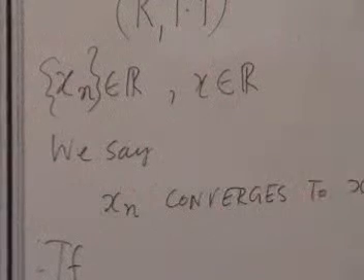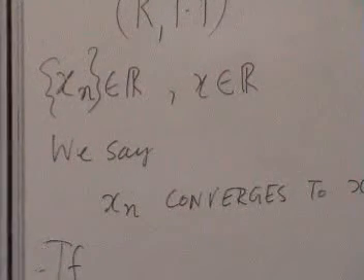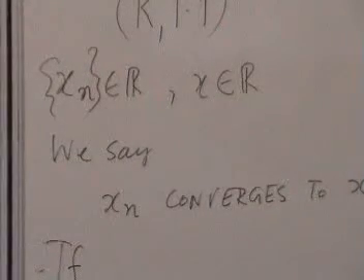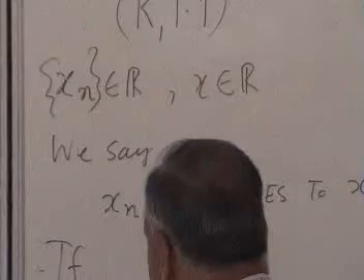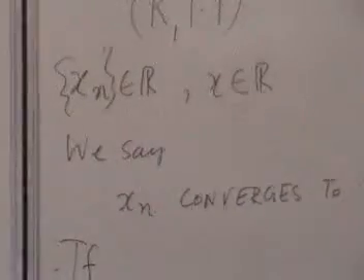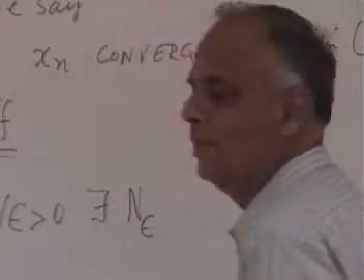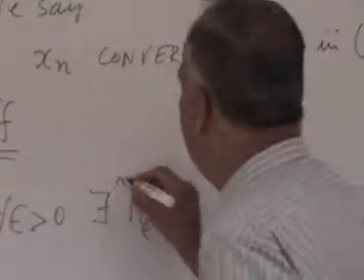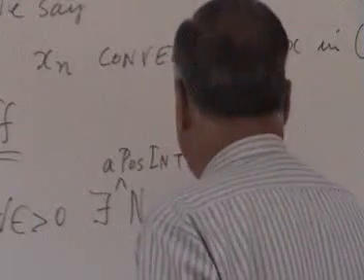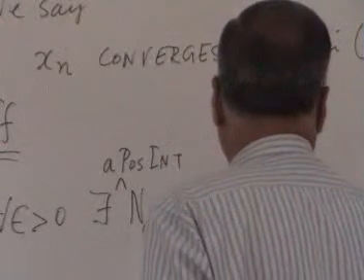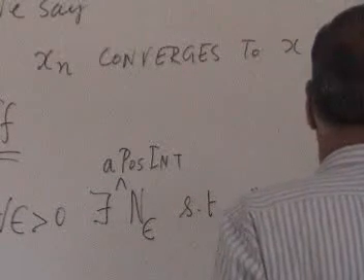If you look at the difference, it gets small beyond a certain stage. How do I write it? You give me an error epsilon, then I will find a stage which will depend on epsilon. So this is a positive integer such that if we go and look beyond that stage, the error will be small.